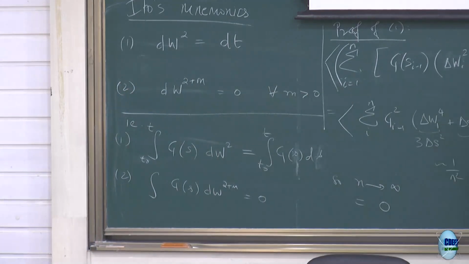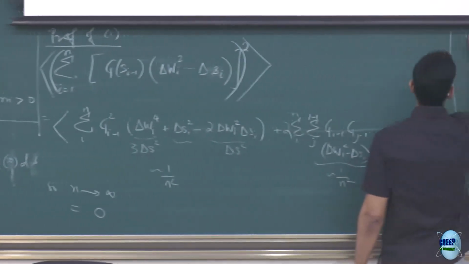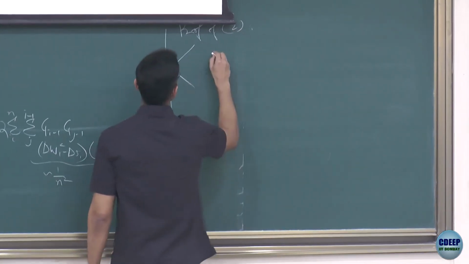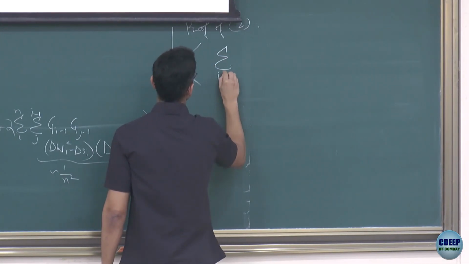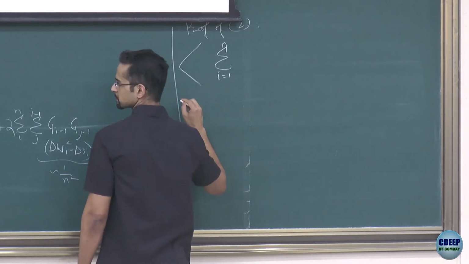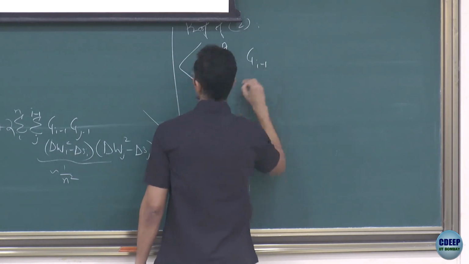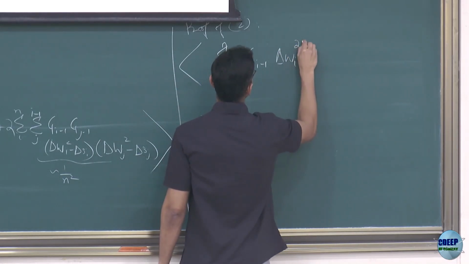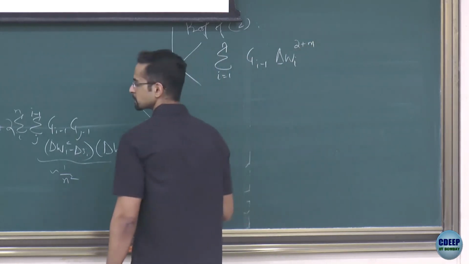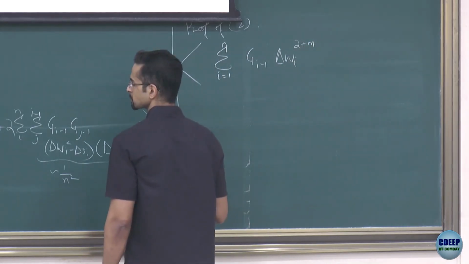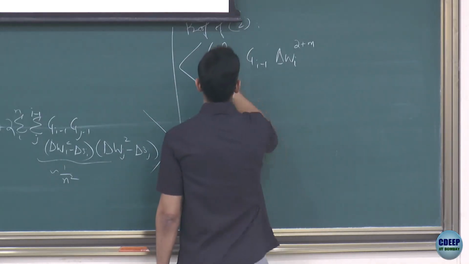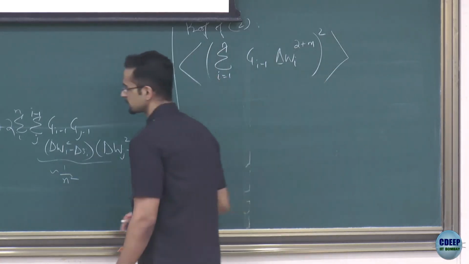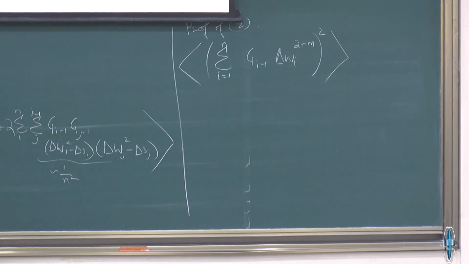So to prove the second thing, of the second mnemonic, all I need to show is that the partial sum, with dW to the power 2 plus m, vanishes to 0, because there is no right hand side.